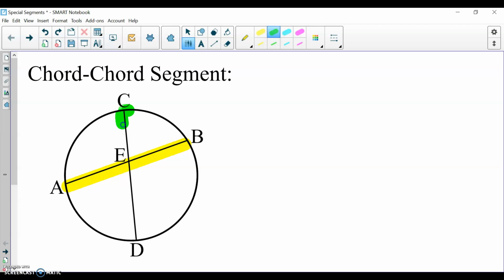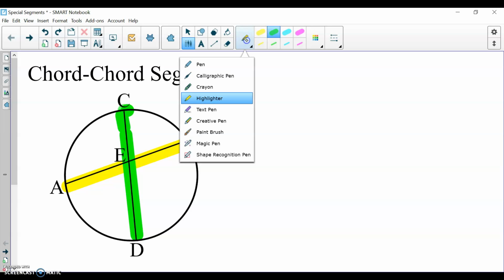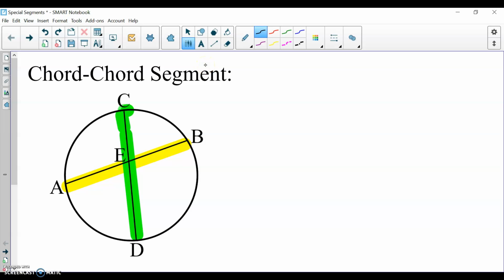Our other chord is CD. And the chord-chord segment relationship tells us that the product of each chord is equal to each other. And what this means is that if we look at segment AB and its components, we have AE and EB.